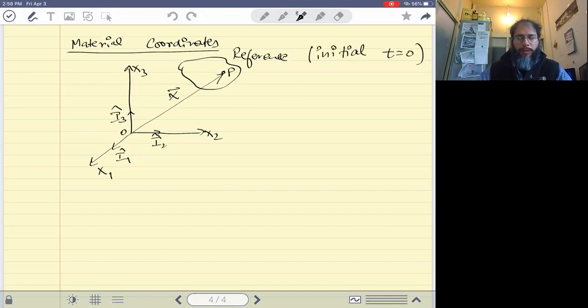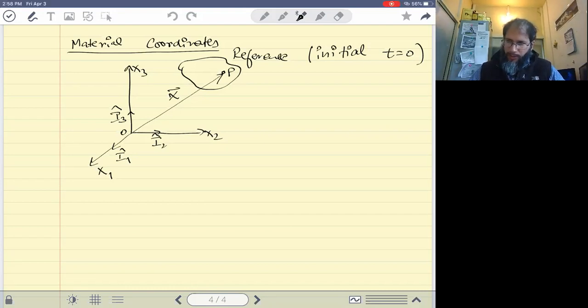So that's the shape of the body, the configuration of the body at t equal to 0. So at t equal to 0, every point of the body has a certain position occupied in space, so that we can use a function kappa or a function phi in this case to denote the configuration of the body.